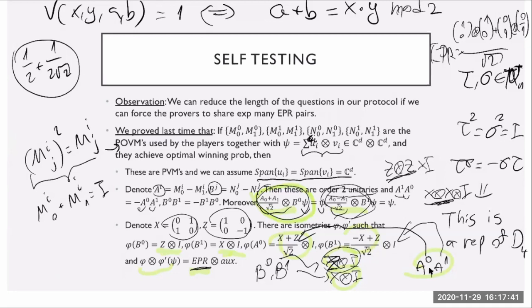The left player, the A player, can only use X and Z, and the right player can only use X plus Z divided by square root of 2 and minus X plus Z divided by square root of 2, and they must share an EPR pair. And if they share more qubits, you don't really care. You act only on the EPR part, and the matrices are just these matrices tensor the identity. Any questions about this part?